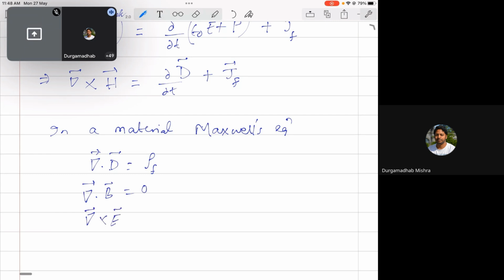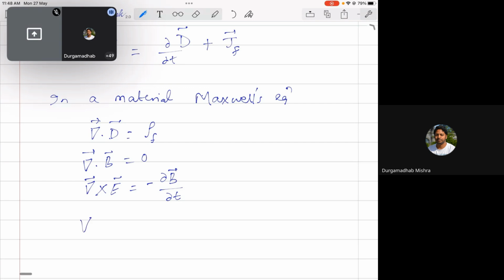Faraday's law remains also unchanged. But Ampere's law also gets a bit modified. So curl of H is equal to the free current in the material plus the rate of change of your electric displacement vector.